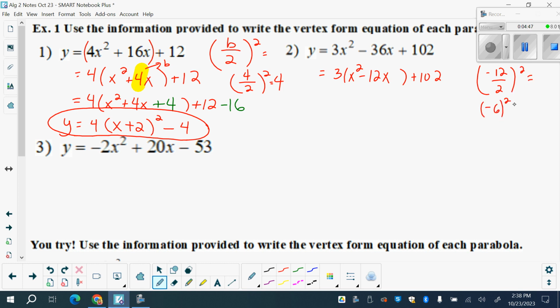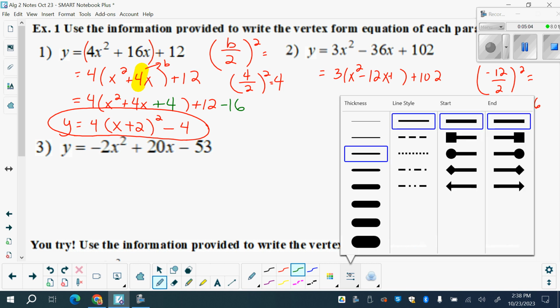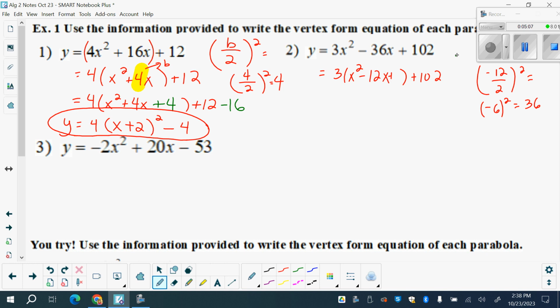And that gives us positive 36. So I'm going to put it up here. Inside, I'm going to put it in green. So plus 36. So that 36 is multiplied by 3, which is how much?